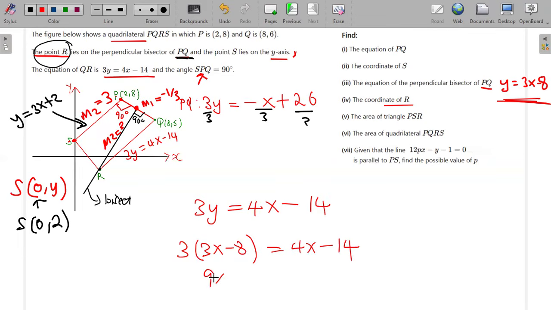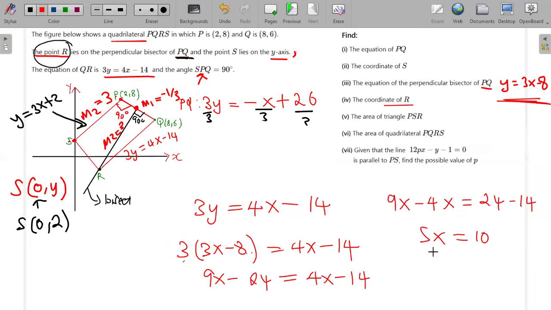So this will be 9x minus 3 multiplied by 8, that is 24. Then I have 4x minus 14. So like terms together, I have 9x minus 4x equals 24 minus 14. So this will be 5x equals 10, divided by 5, divided by 5. X equals 2. Okay, so x equals 2.